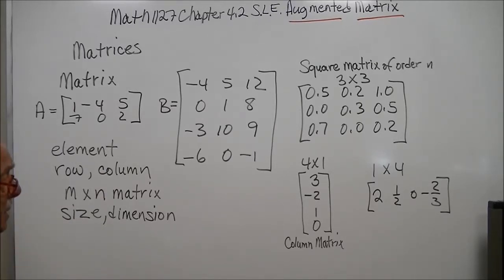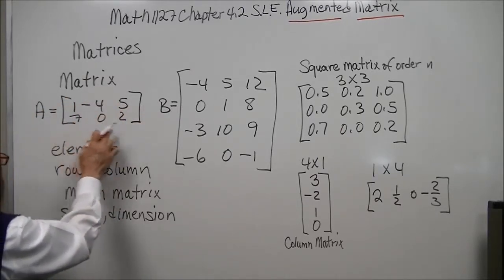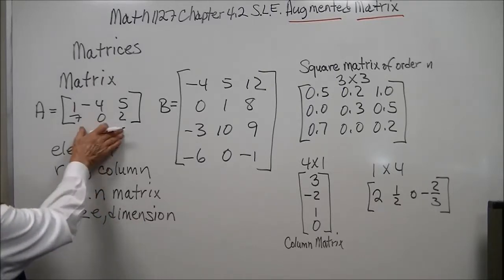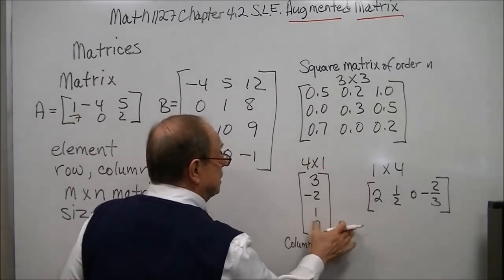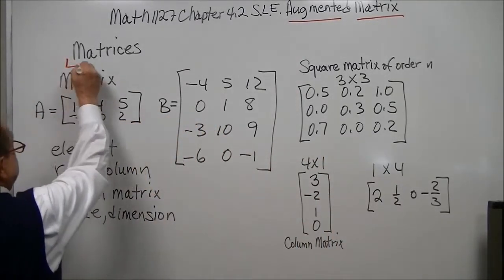Well, a matrix, by definition, is simply an array of letters, numbers, that are set up in some form of chart where we have brackets around them. So this is a matrix, this is a matrix. These are all matrices. That's the plural.